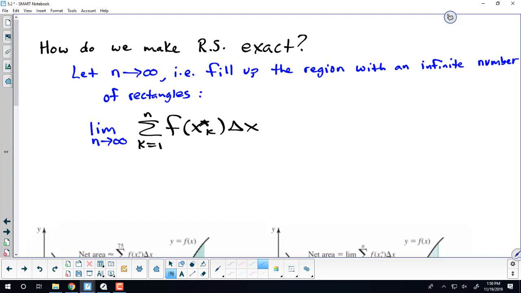So this will give us our exact net area. That's it.